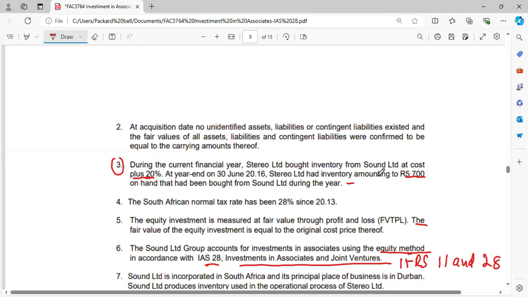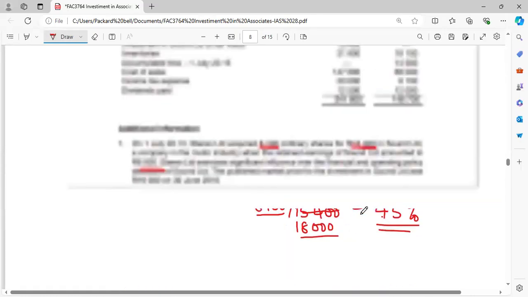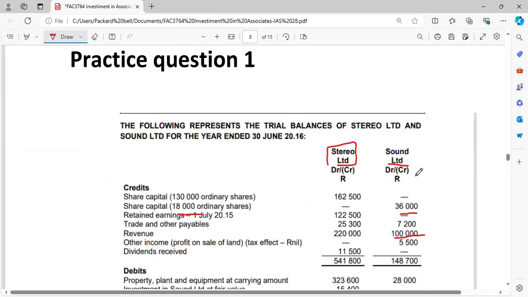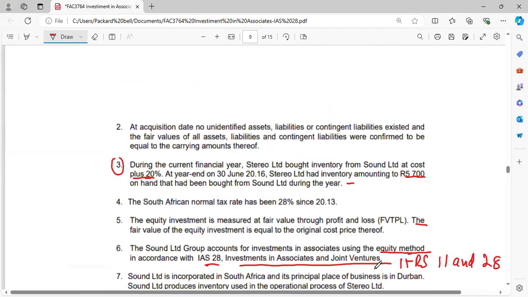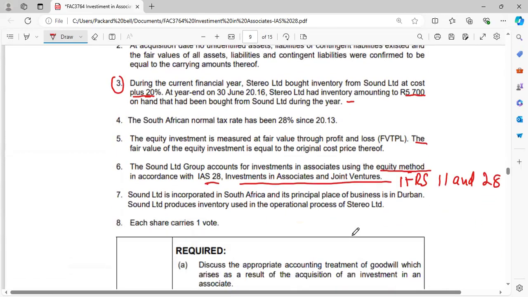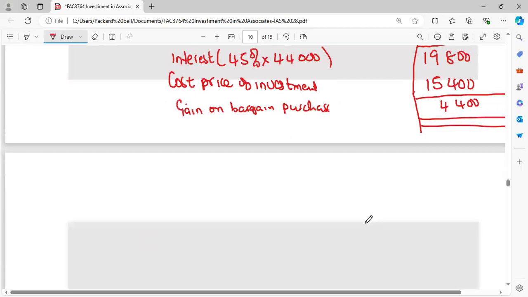Right, this is another key area that you guys must check. So which means you only adjust when you are calculating the share of profit, because who made profit here is Sound Limited. So the share of profit is for Sound Limited. So you are going to make an adjustment for tax and other things when you are calculating the share of profit for Sound Limited.